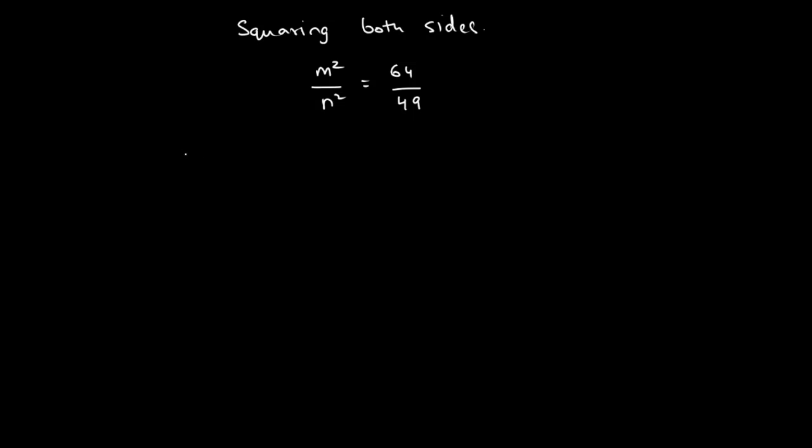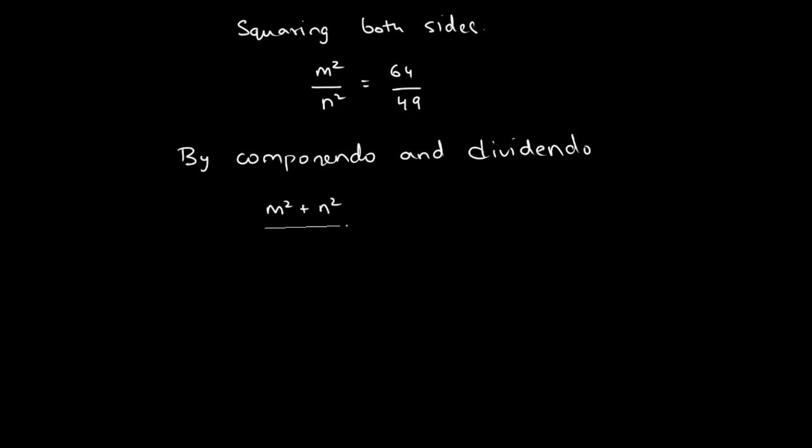So by componendo and dividendo, right? On my left hand side, I have m² + n² divided by m² − n², numerator plus denominator upon numerator minus denominator, which is equal to 64 + 49 upon 64 − 49, right?